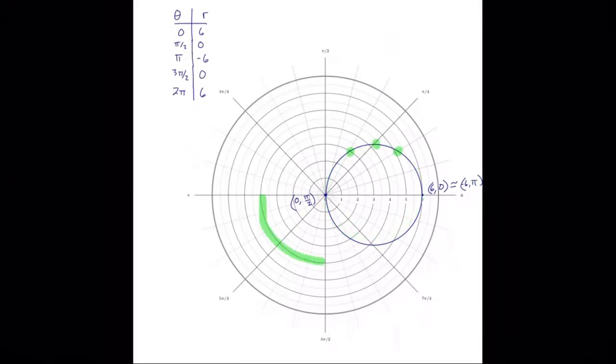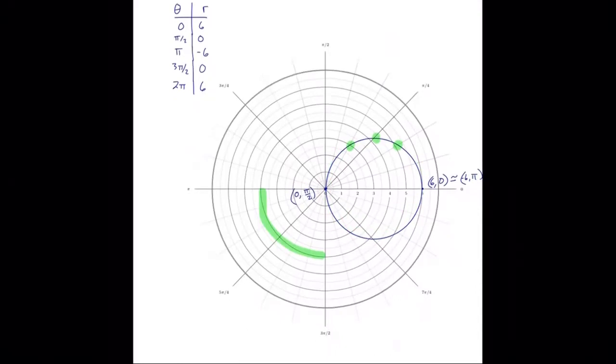That looks like 7 pi over 6, 5 pi over 4, and 4 pi over 3 would be those 3 points in there. And you'll see that the cosine will be negative, so you'll have to reflect back to quadrant 1. Now in quadrant 4, cosine's positive, so we get these 3 points here exactly as is. And what we'll have done is lapped around this circle 2 times by going from 0 to 2 pi.